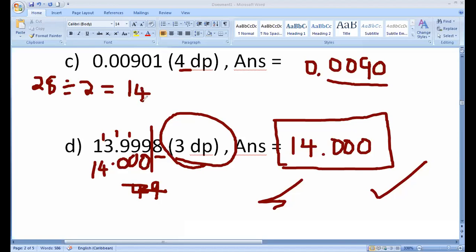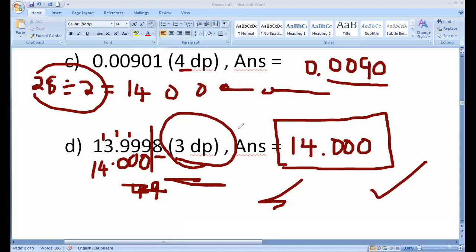This question is different from that question, right? So I wouldn't put 14.0000000 because the question is different. This one is specifically talking about 3 decimal places. So even though 14 and 14.00 mean the same thing, if a question like this is posed to you to 2 decimal places, I would rather you leave your answer like this. You follow?